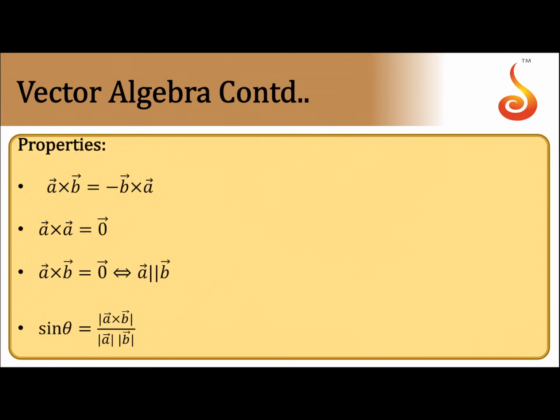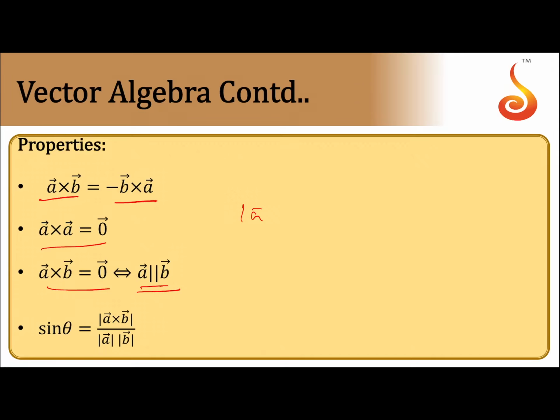And a few properties of the vector product: A cross B is equal to minus B cross A. That means the vector product does not follow the commutative law, and A cross A will always be 0. That means A is parallel to A itself, and A cross B being 0 means that A and B are parallel vectors.